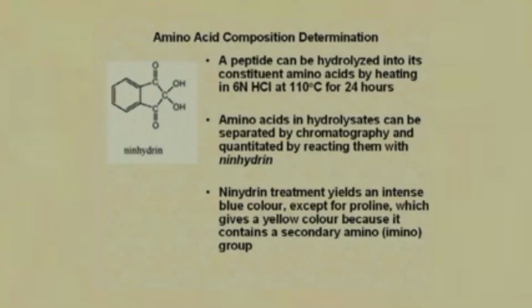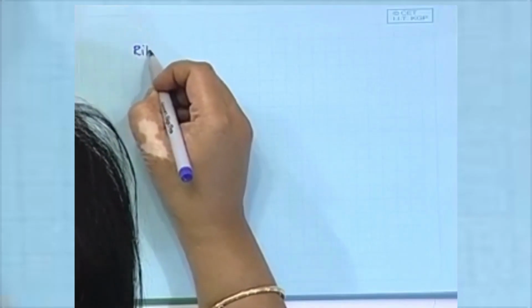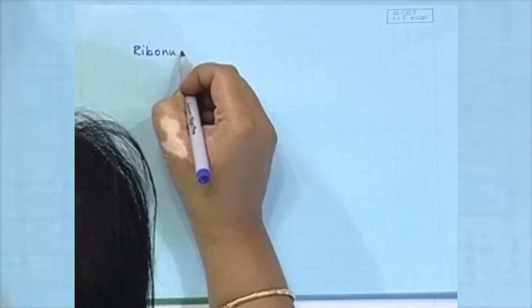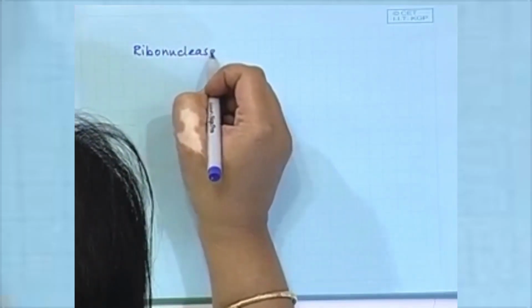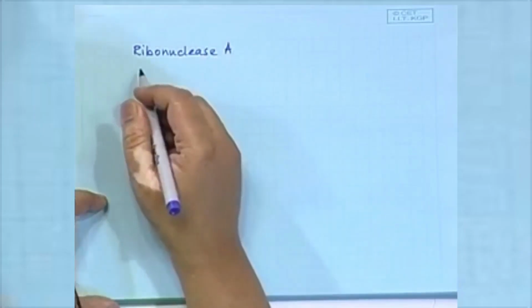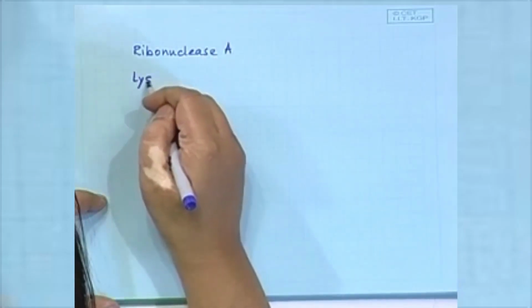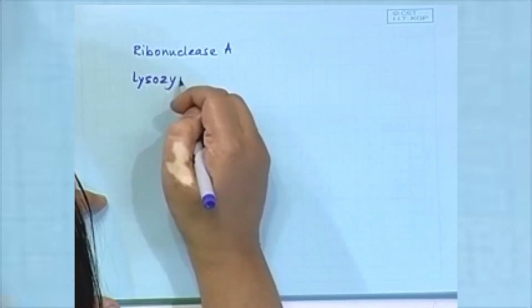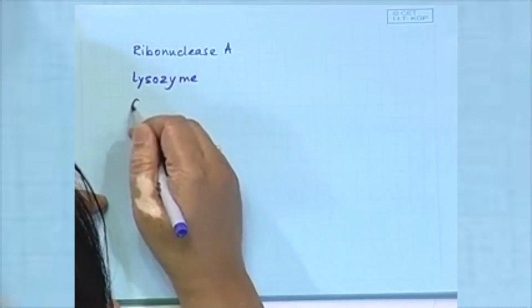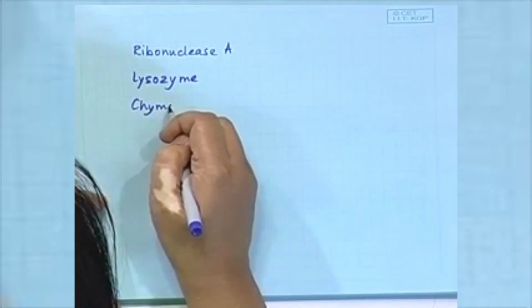What else can we do now? We studied the different enzymatic mechanisms. What we studied was ribonuclease A, lysozyme, and chymotrypsin.